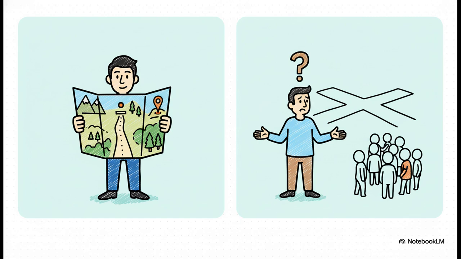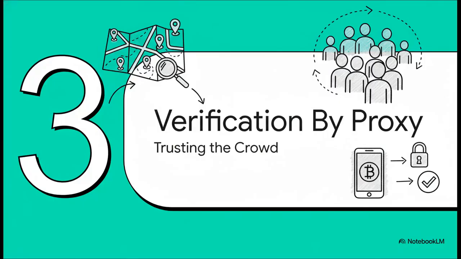Your phone, the lightweight client, is like a tourist who showed up with no map at all. To get anywhere, it has to stop and ask strangers for directions, and those strangers are the other nodes on the network. So, if our mapless tourist doesn't actually know the layout of the city, how can it ever be sure it's at the right place? How can your phone know a transaction is real if it can't see the whole picture?